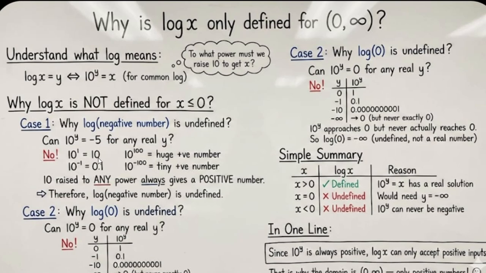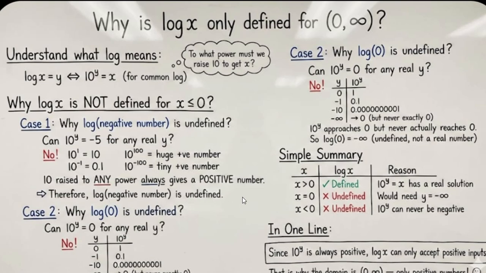But keep in mind, for any y you cannot get a negative number, because 10 raised to 10 you can get, 10 raised to 1000, and 10 raised to minus 10 you can get tiny positive numbers. Therefore, 10 raised to any power always gives a positive number. Therefore, log of a negative number is undefined.